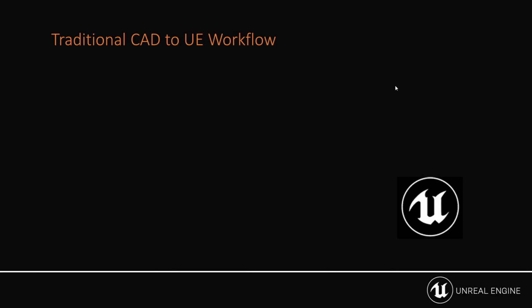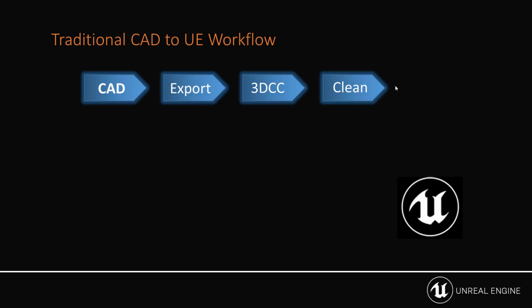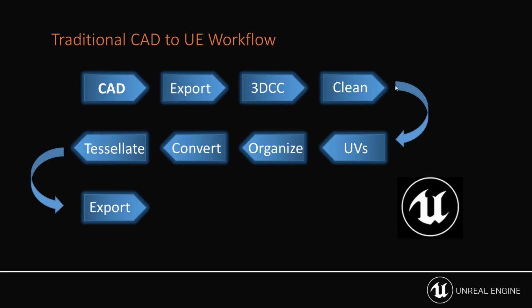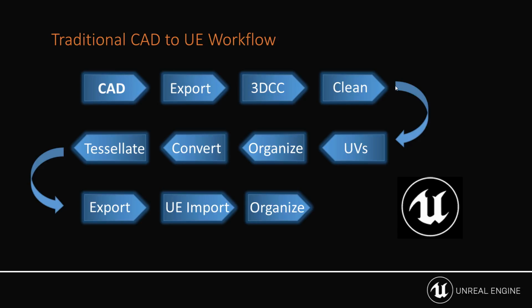So a traditional CAD to Unreal Engine workflow, to summarize what we're talking about here today, we have this ability to work with our CAD data, but as you've seen, this workflow, this idea of taking CAD data, exporting it, bringing it to another package to clean it up, to add things like UVs or work with UVs, to organize the content, convert it, tessellate it, export it again, bring it over into Unreal Engine, maybe have to reorganize it again, and potentially rebuild the scene or build a new scene.